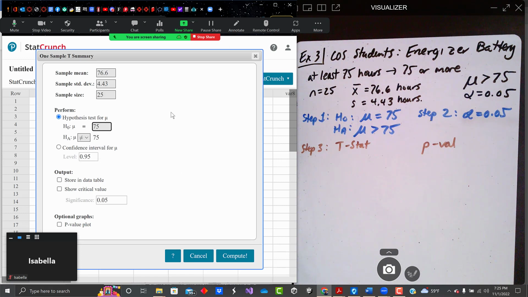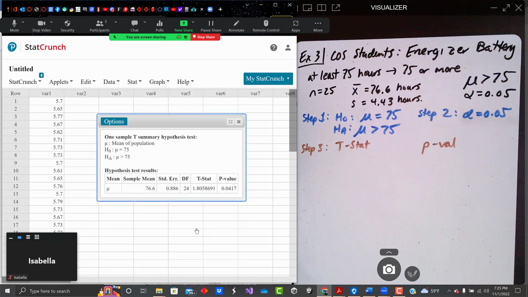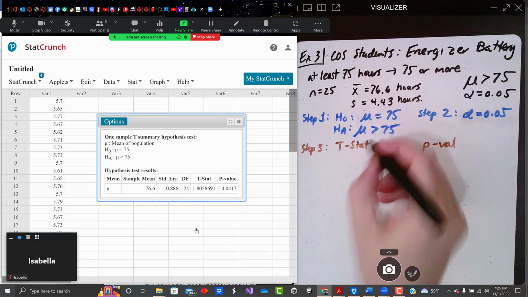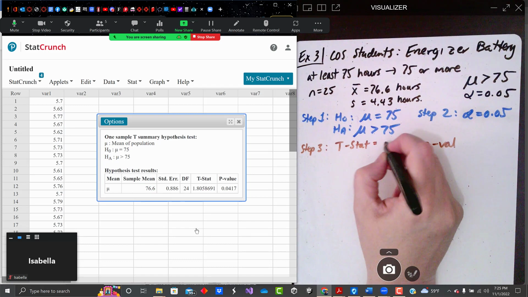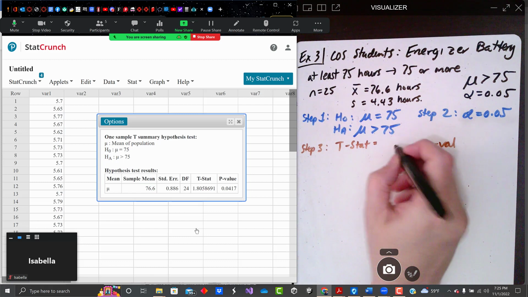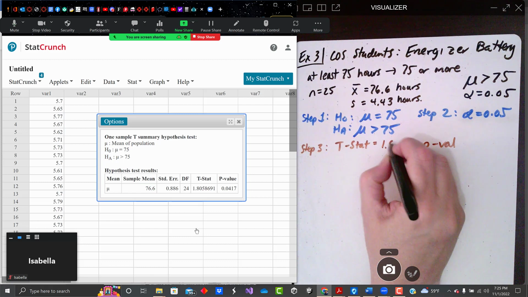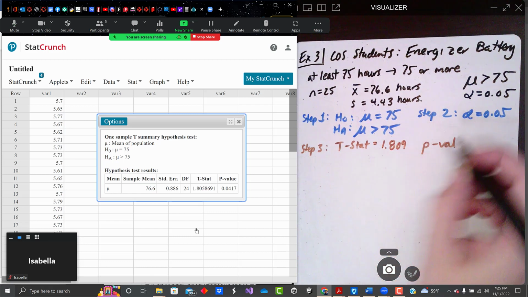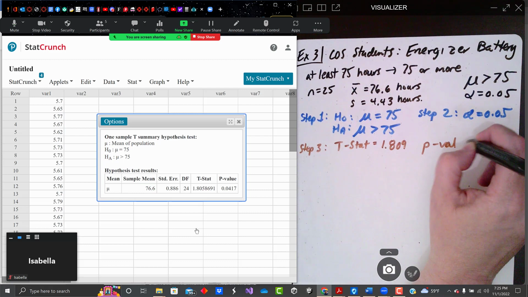The mean is 75, and we're looking for mean greater than 75. We click compute and record what we got. I got a t-stat of 1.809, and I have a p-value of 0.0417.